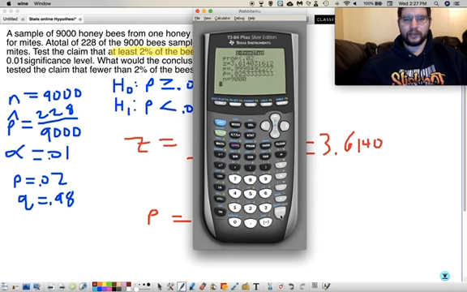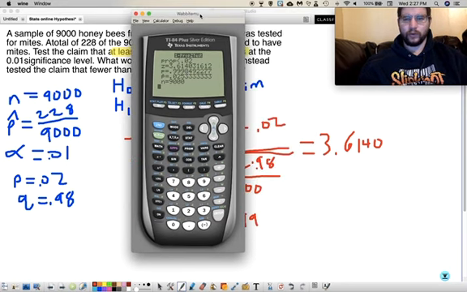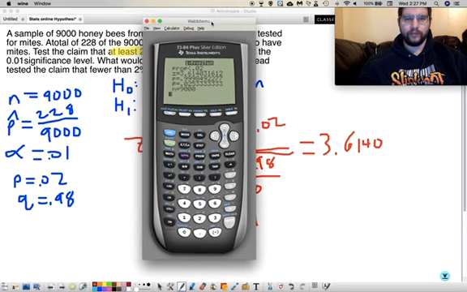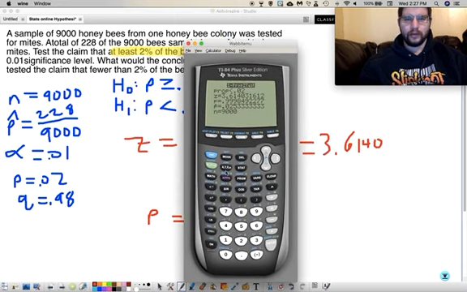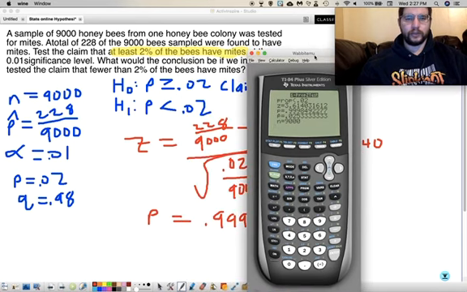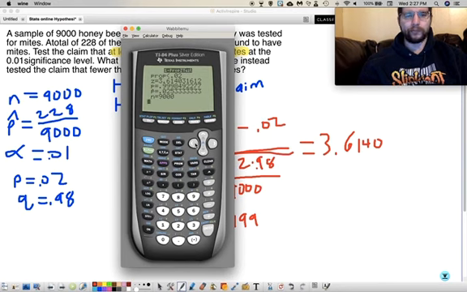Let's see what this gives us. 0.9998. Okay. Test statistic 3.6140, same thing. Oh, and yes, I knew that 2% of 9,000 was bigger than 5, so we're good to go there.